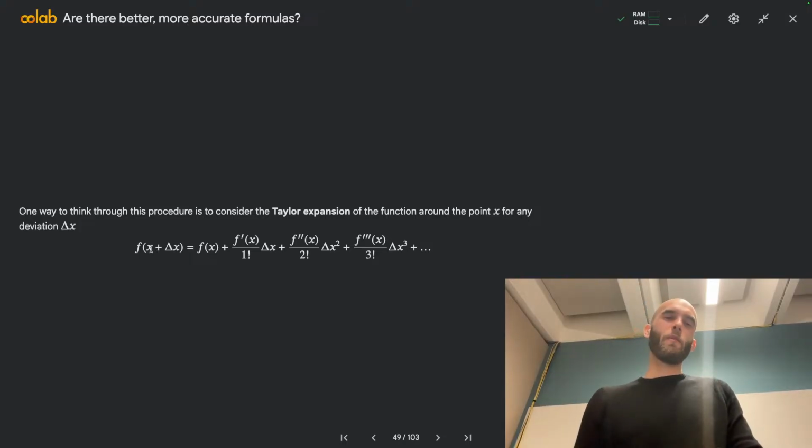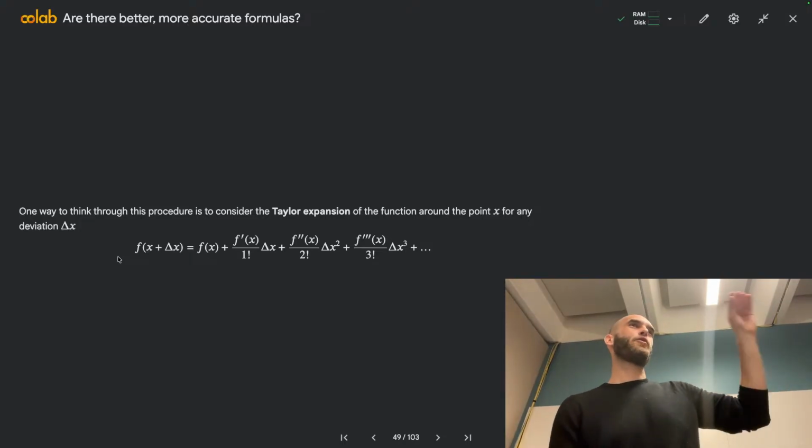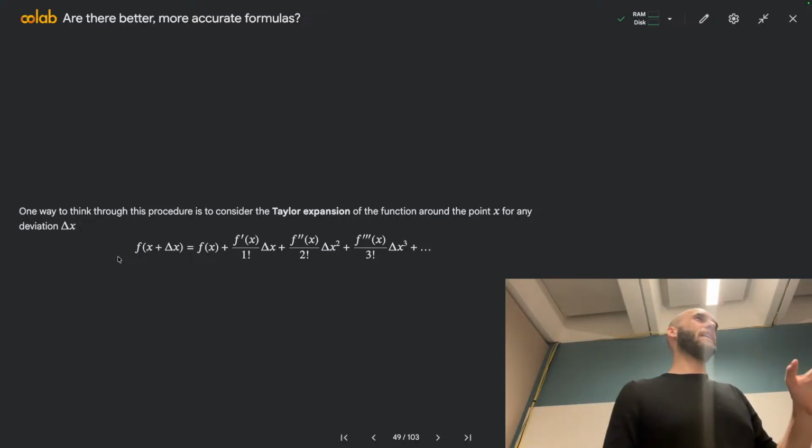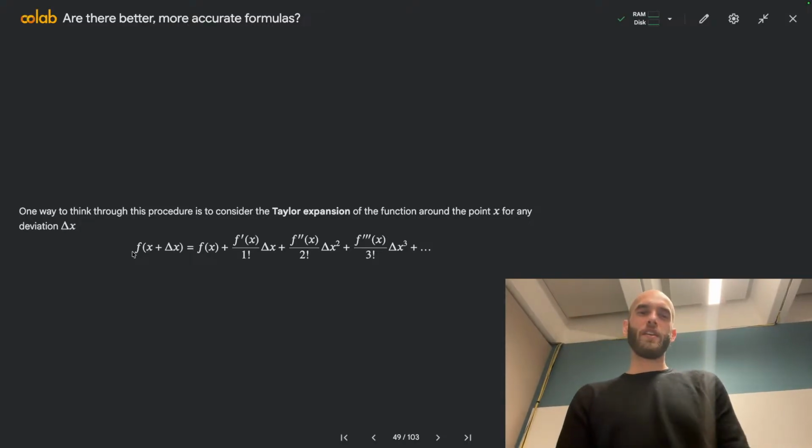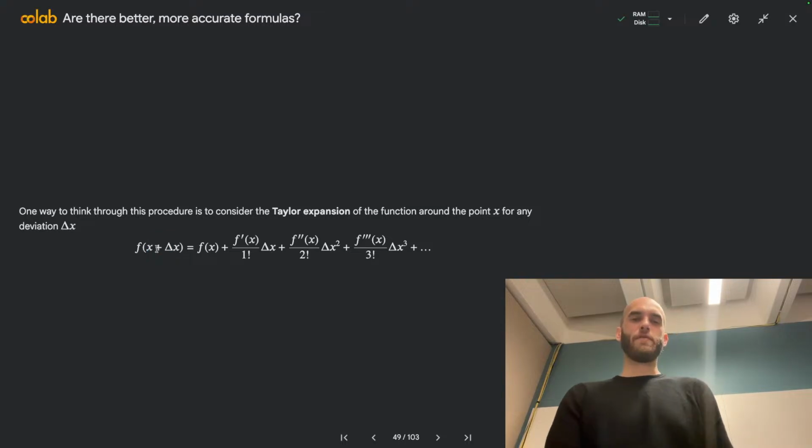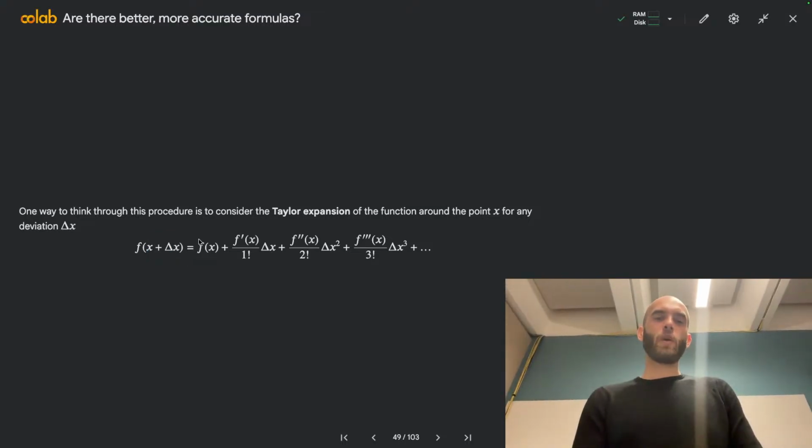So you'll remember this. There's some beautiful mathematics behind where this comes from. If you're interested in this, 3Blue1Brown on YouTube has a great visual explanation for where this comes from. But essentially, we're thinking about the function evaluated at this value. We can write this as a series like this.